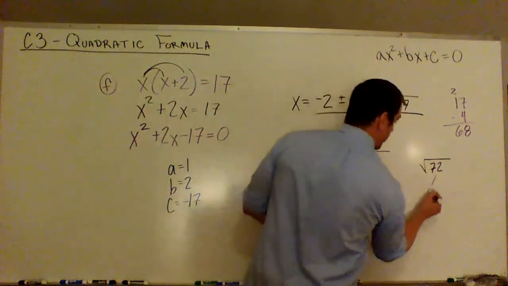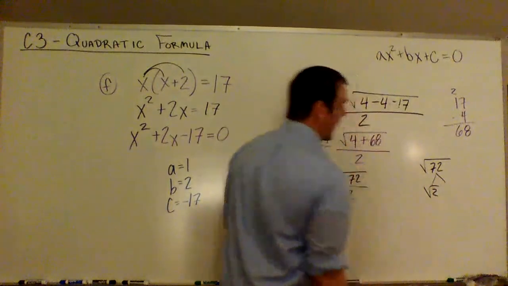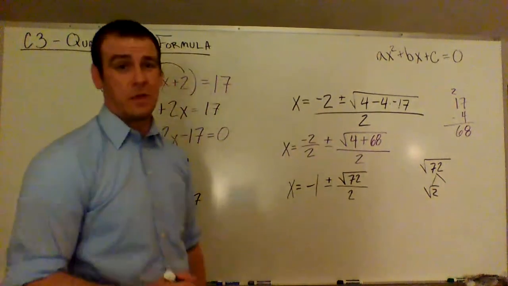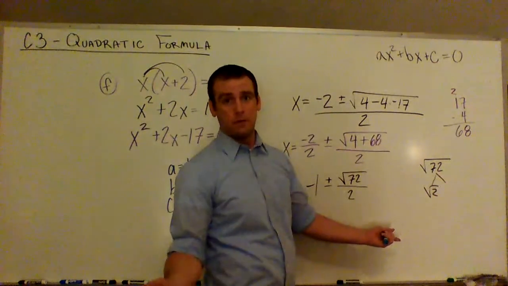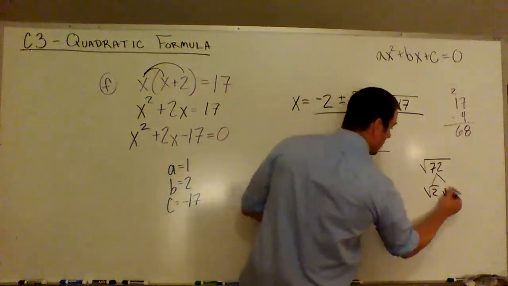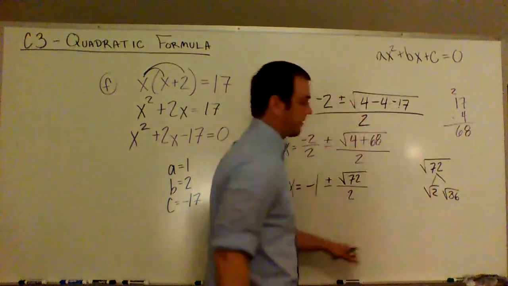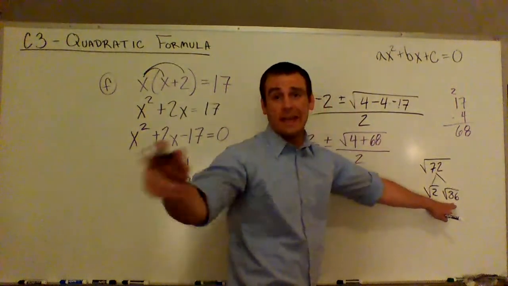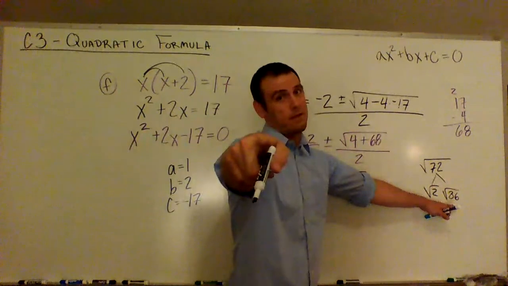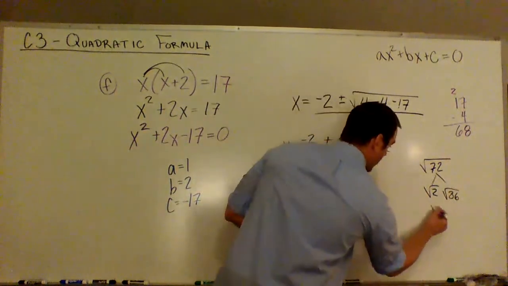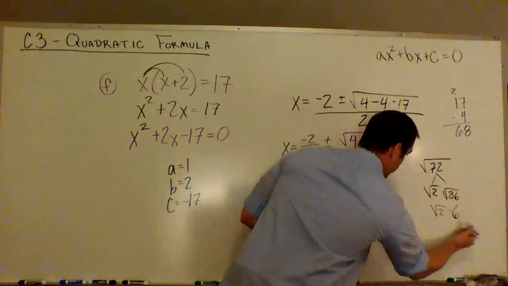Half of 72 is going to be 36. 36 times 2 is 72, which is lucky for us because the square root of 36 is a perfect square. Square root of 36 makes 6. So, square root of 2 times 6.